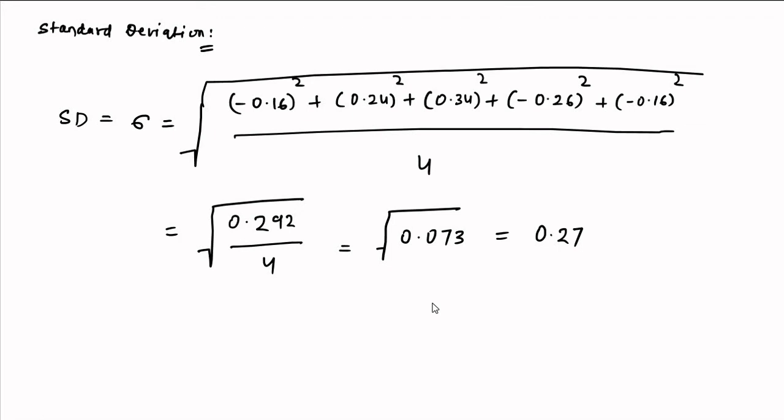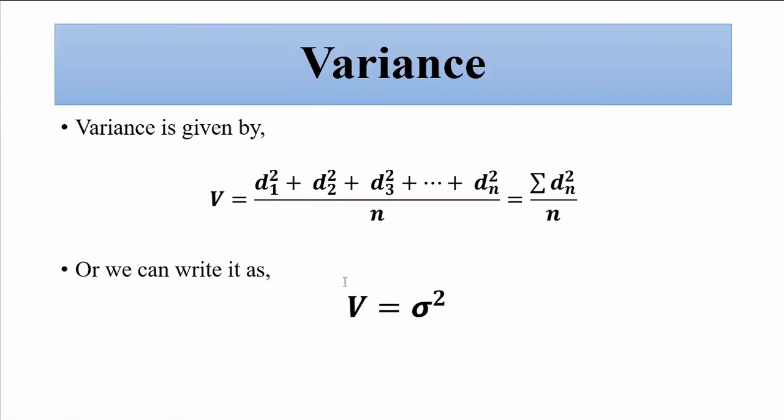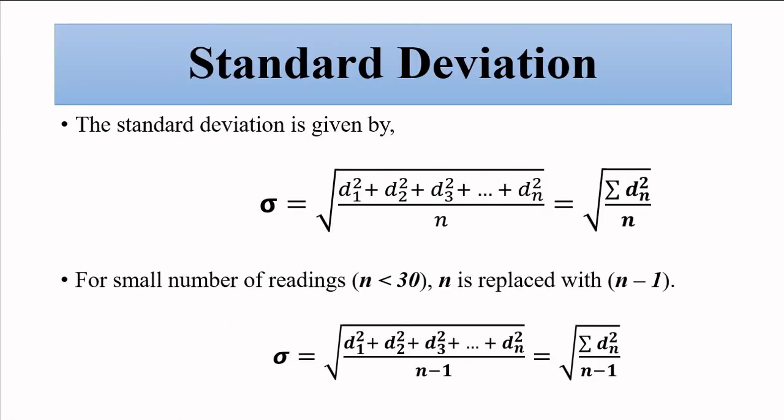This is the result here. Variance is simply the square of the standard deviation, so you just remove the square root and it will be this.